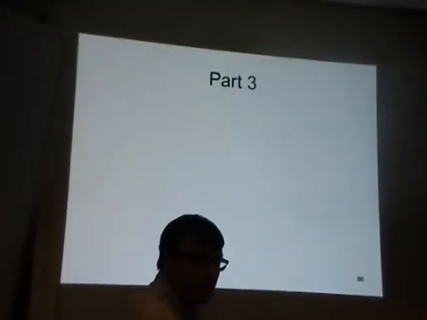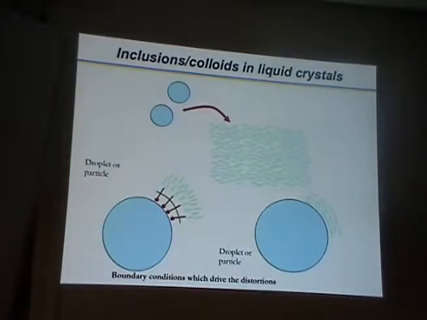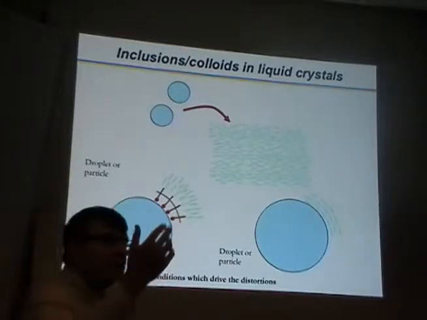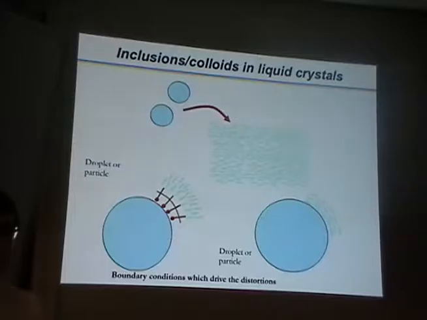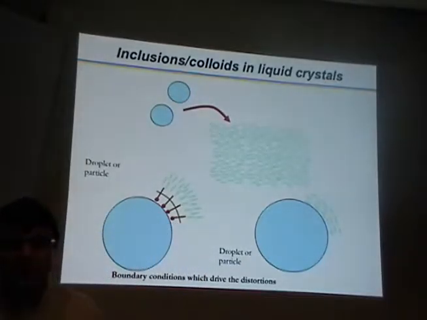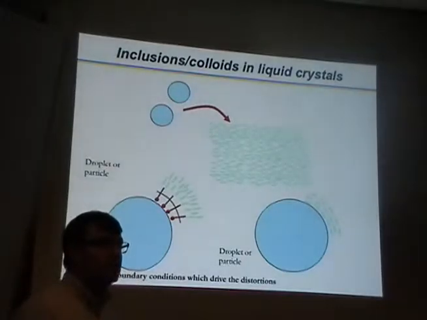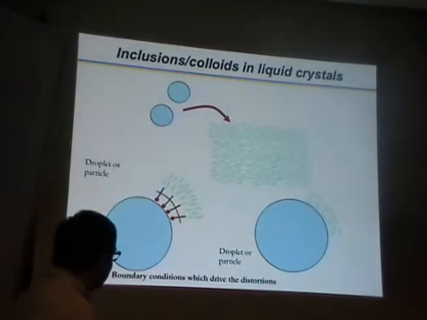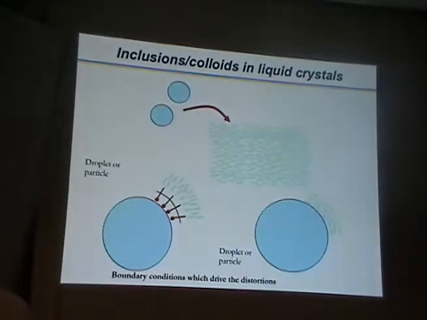Okay, so the next part of my talk is related to the topic that was already also covered by Uroš Tkalec in his first lecture. It will involve colloidal particles that are introduced into liquid crystal, and as you remember from his talk, it is possible to control the surface boundary conditions on the surface of those particles to be tangential or perpendicular.